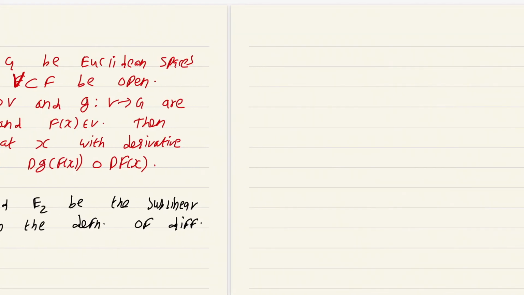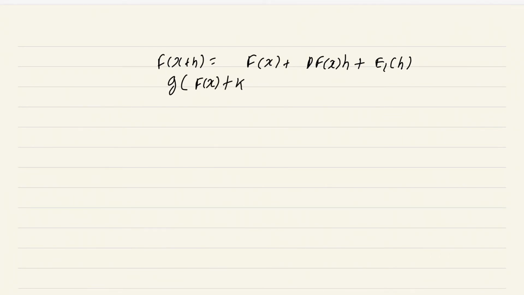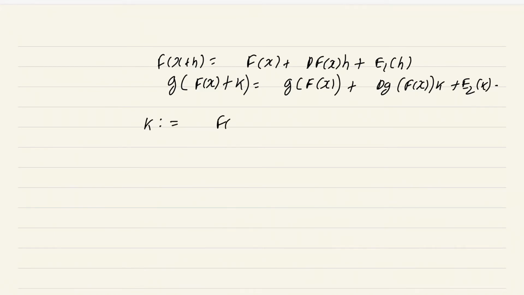Okay, so what this is essentially going to mean is that f(x+h) is f(x) plus df(x)h plus e1(h), and g(f(x)+k) is equal to g(f(x)) plus dg at f(x) acting on k plus e2(k). Okay, now we are going to set k to be nothing but f(x+h) minus f(x).